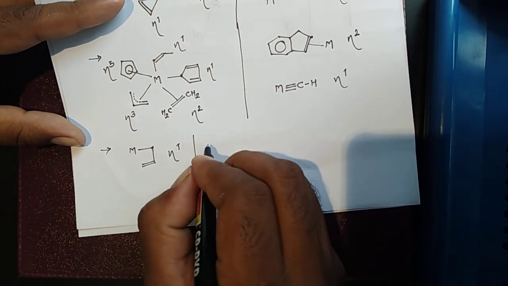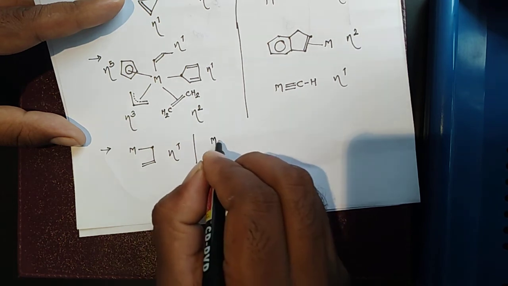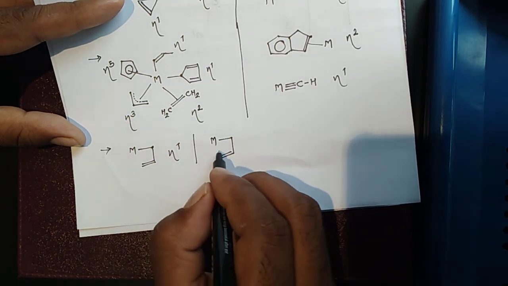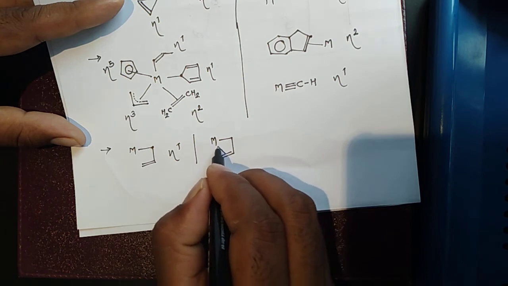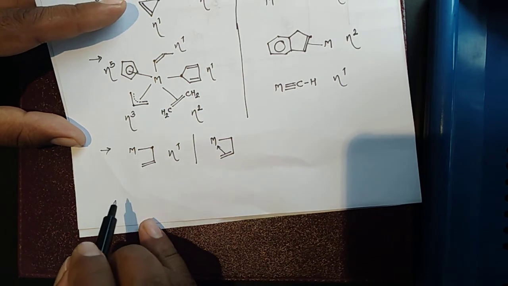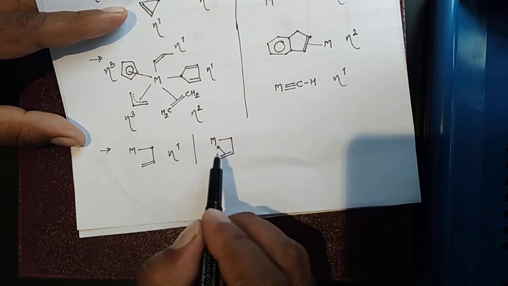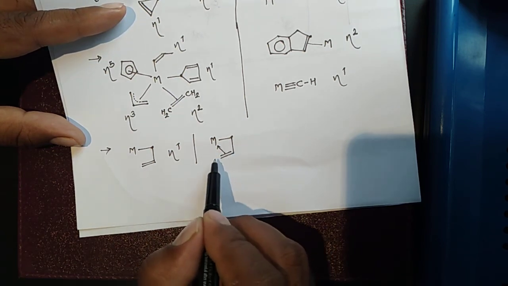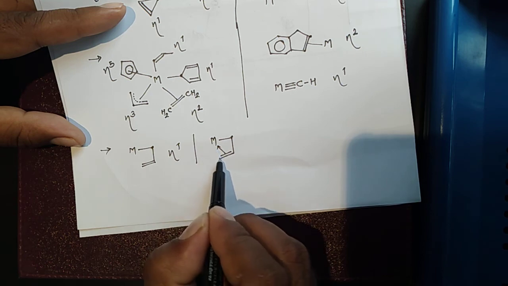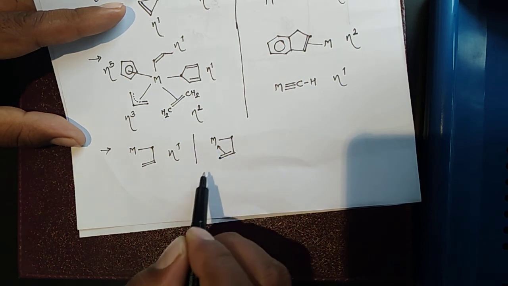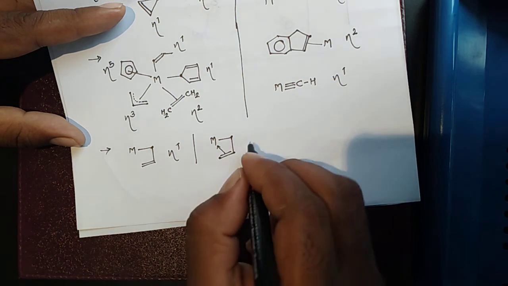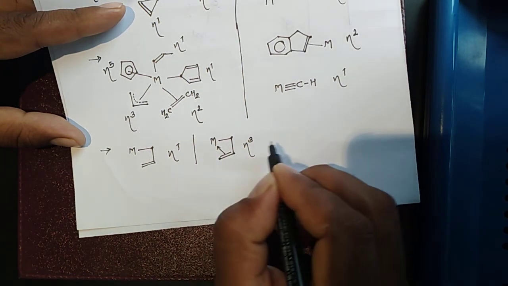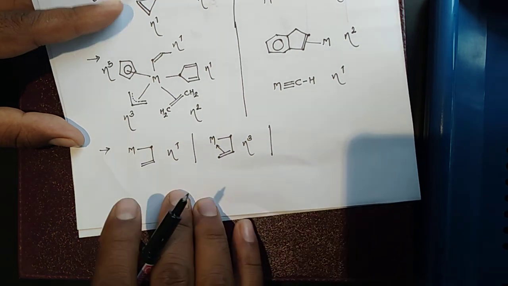Second example, same group having a double bond and the metal is attached to this bond as well. It means the metal is directly attached to this carbon as well as to these two carbons. So the total hapticity of this compound is 3 in number.